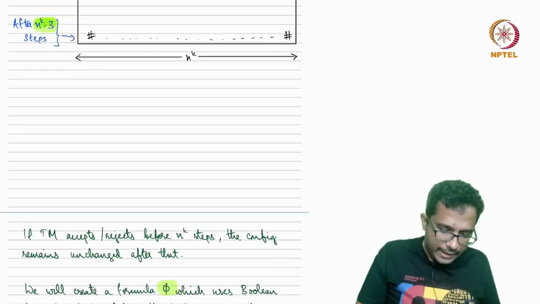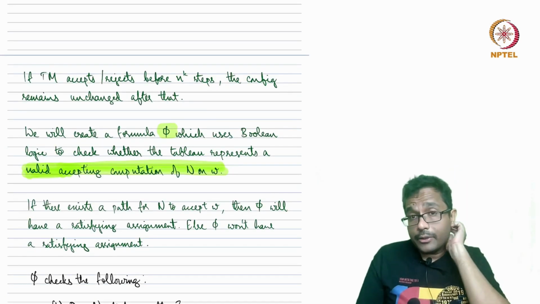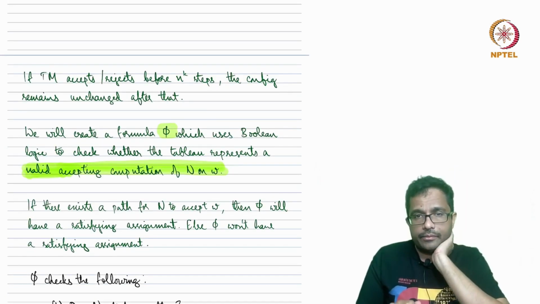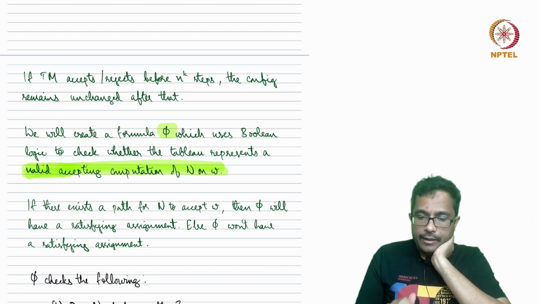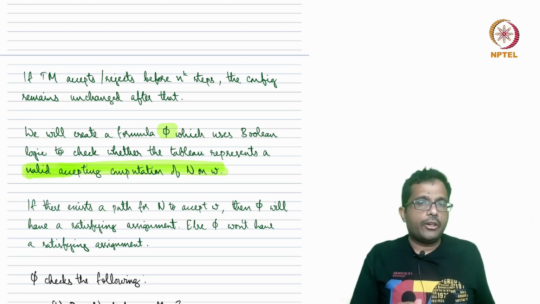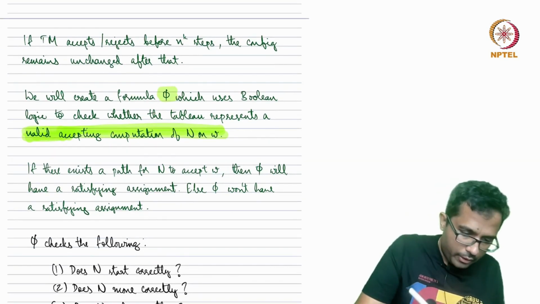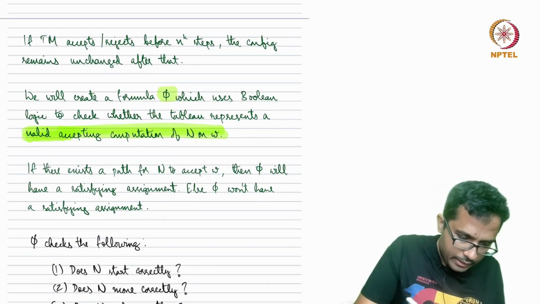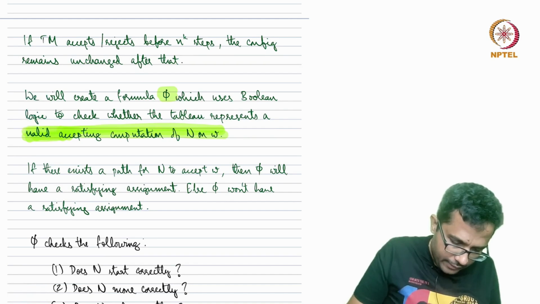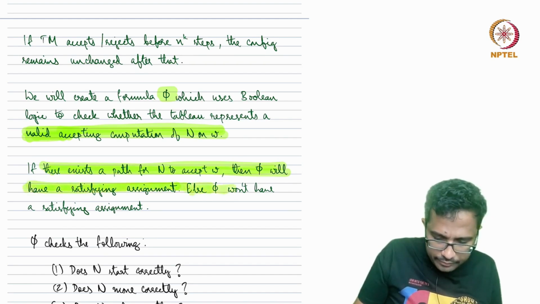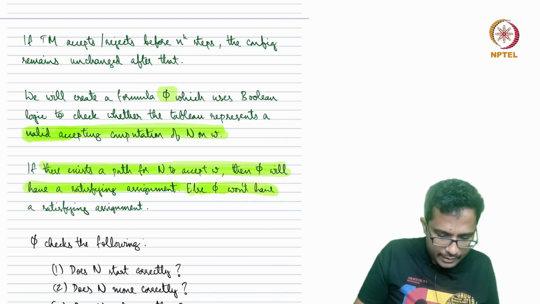So the formula will be satisfiable if and only if there is an accepting computation for N on W. If there is no accepting computation for N on W, the formula will not have a satisfying assignment, right? So that's very, very important. Maybe I'll just highlight that as well. If there is a path for N to accept W, then the formula will have a satisfying assignment, else it won't have a satisfying assignment.